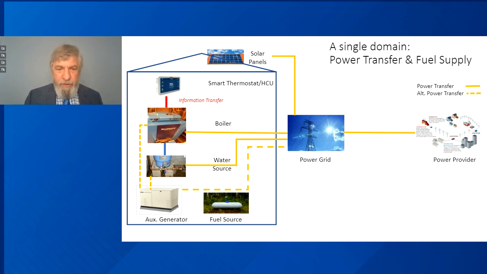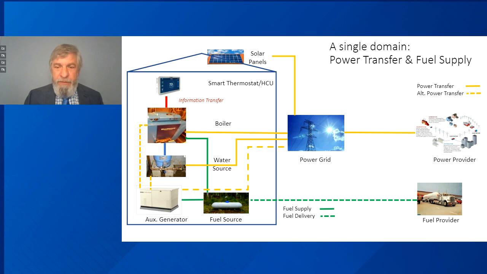The boiler and the water source are then powered up, and the solar panel is able to transfer some power back to the power grid, as well as the auxiliary generator when that's in use. So that's not the normal case. The normal case is where we have our power supply from our power grid. When the auxiliary generator kicks on, that means that there's something wrong or there's been a disruption in the power grid, so we have to work off of that.